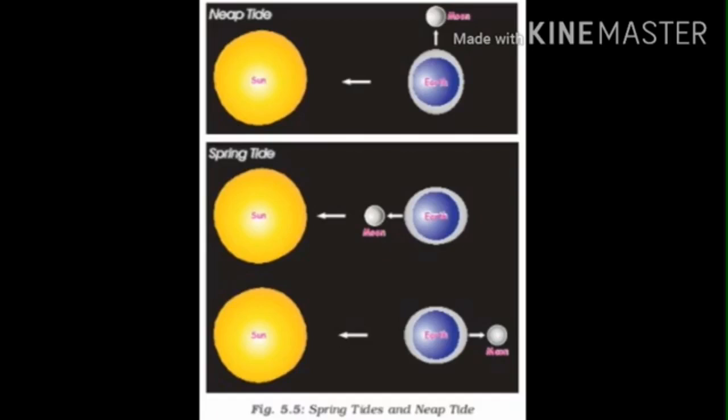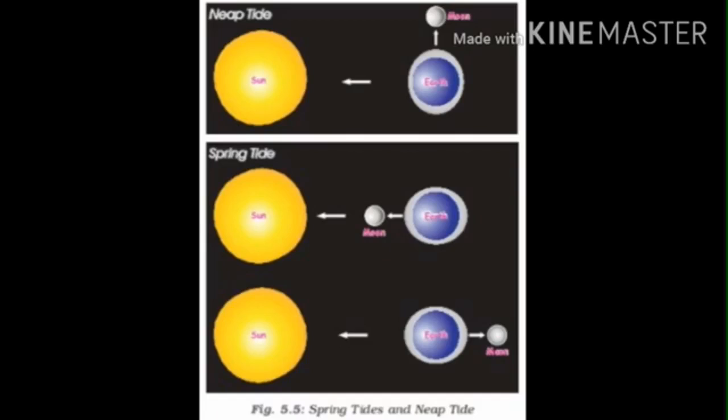Spring tide means when there is a new moon or full moon, the gravitational pull of the moon and the sun is combined. This is because the sun, the moon and the earth are in a straight line.